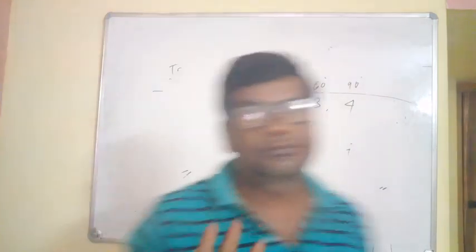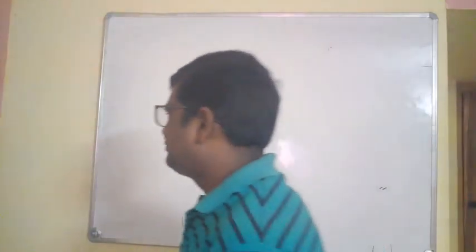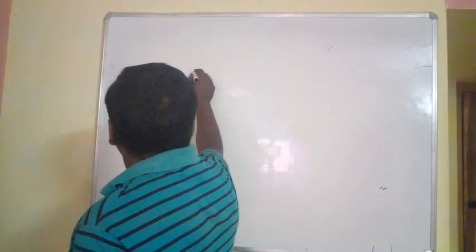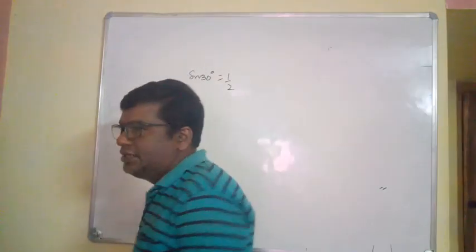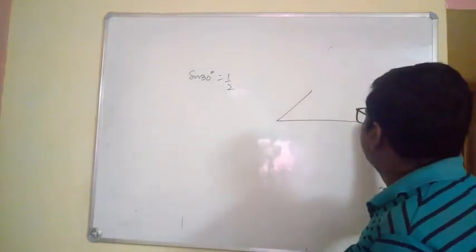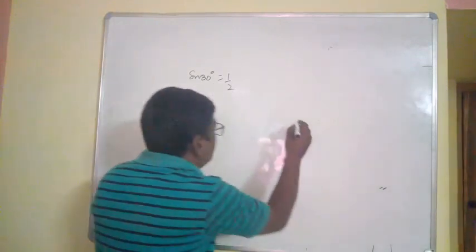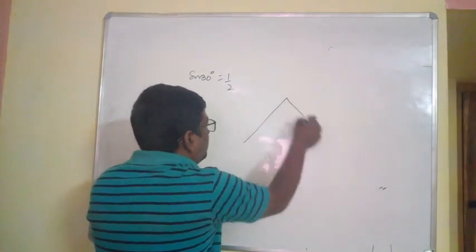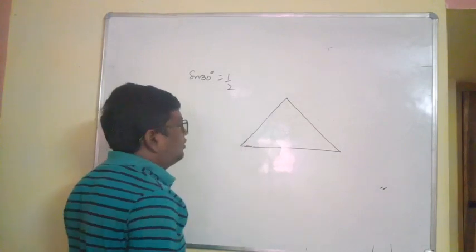Now suppose sine 30 degree is equal to 1 by 2. How is it? Draw an equilateral triangle.